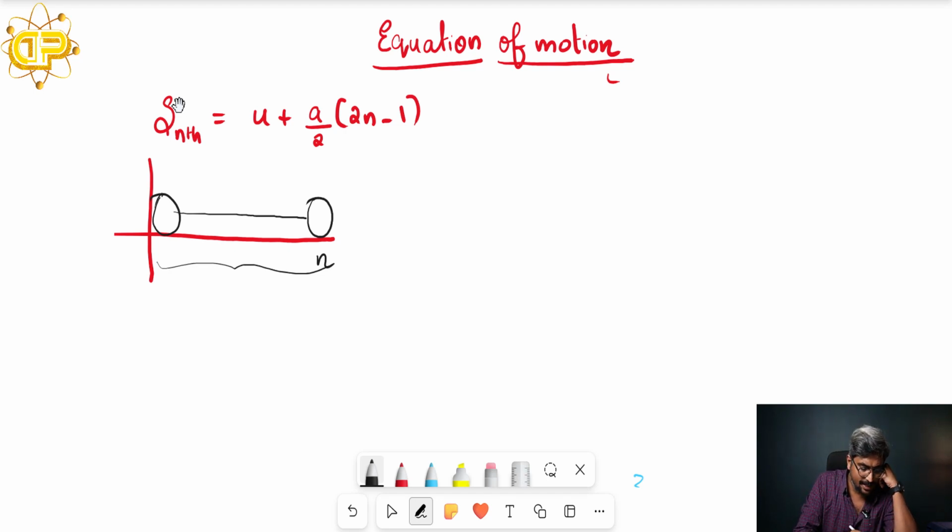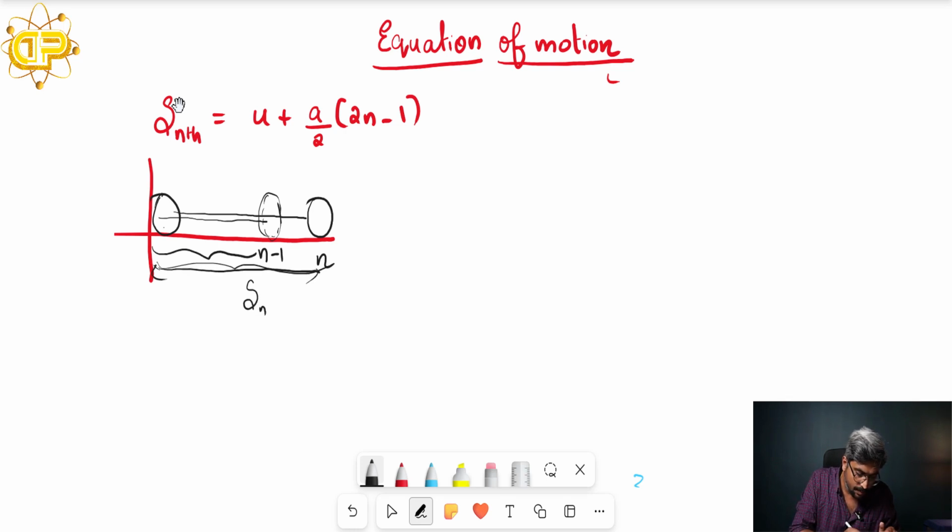Your basic thing is that just imagine that this object is moving, and at this particular point the time is n minus 1, that is this much time interval is n minus 1. If I find out the displacement Sn, and if I find this displacement, that is Sn minus 1, and subtract this Sn minus 1 from Sn, then I will get this displacement.